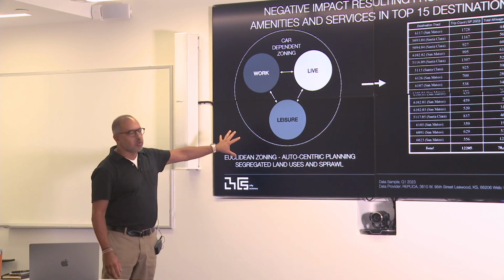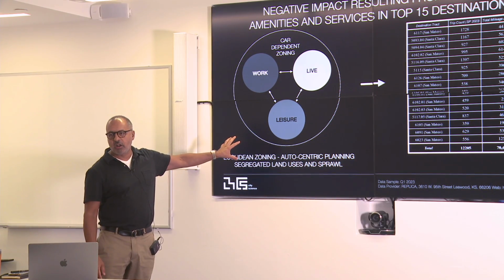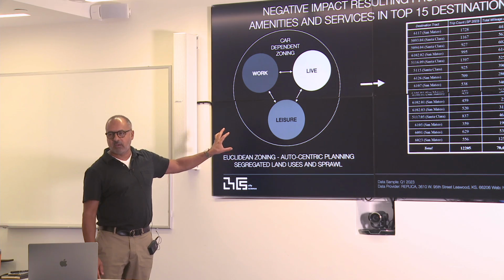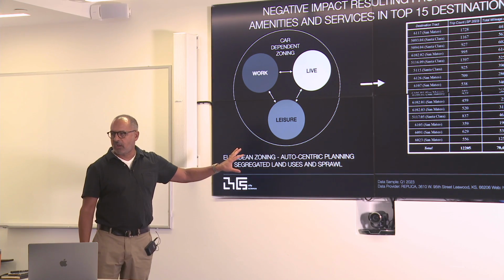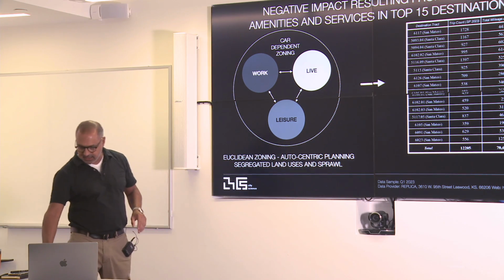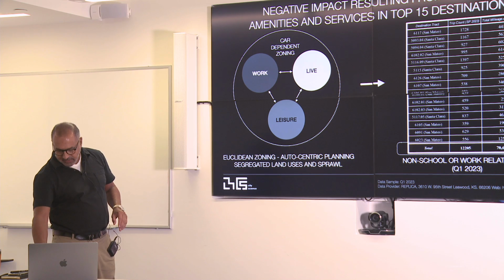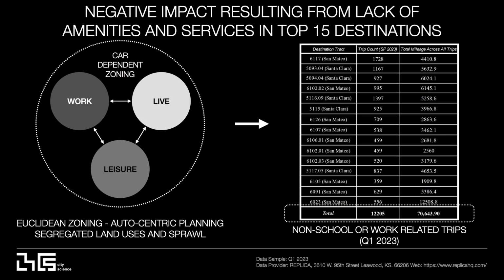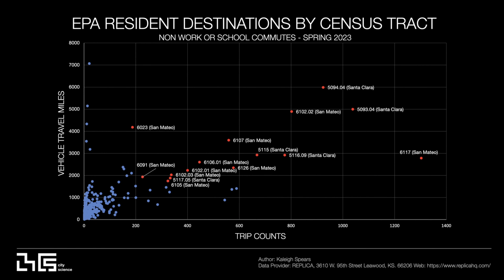Currently, this community is very dependent on auto-centric mobility for all of their daily needs. And what that leads to is about 70,000 miles in 3 months for 50,000 people. And these are the census blocks that are most visited.